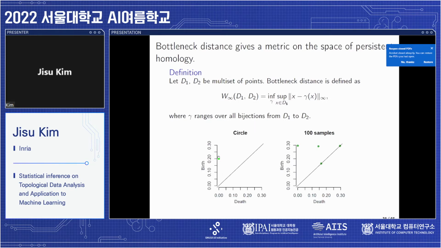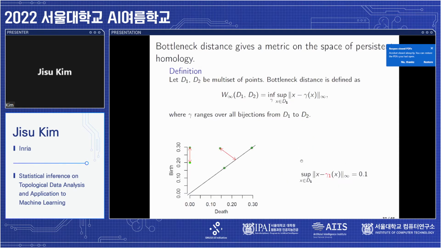The circle has 1 point here, and the 100 samples has these 4 points. For example, we can match these yellow-green points to the green points here, and since there are infinitely many points on the diagonals as well, we can match these points to the points on the diagonal.